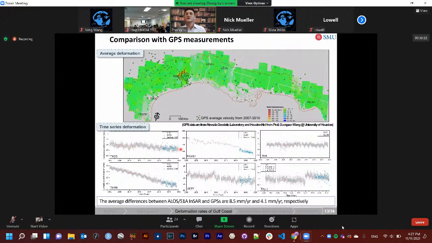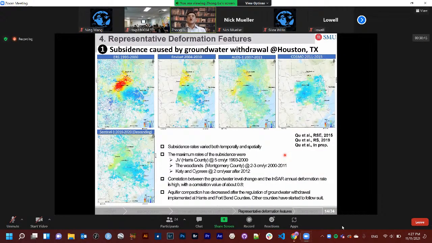I should have cautioned you that GPS is a 3D measurement, while InSAR, on the other hand, is a single line-of-sight measurement, projected to the satellite look direction, which ranges from 20 to 40 degrees from the vertical. This is at a few different locations. I will show you this from time to time in this presentation. Now I'm going to show you the representative deformation features.